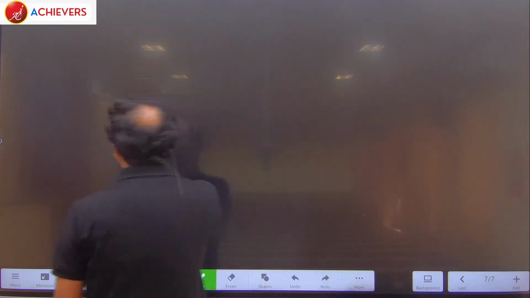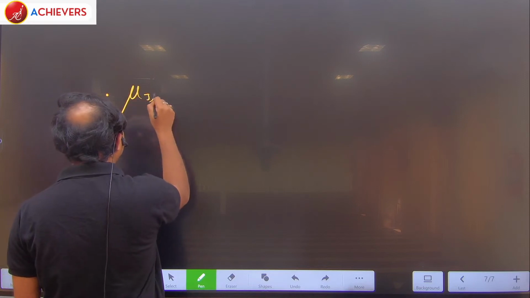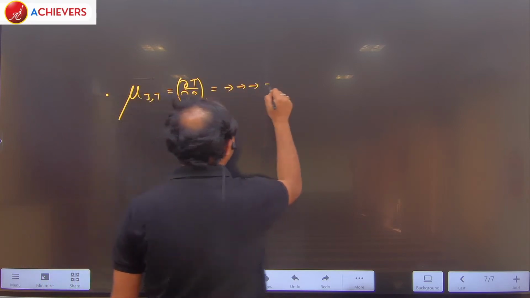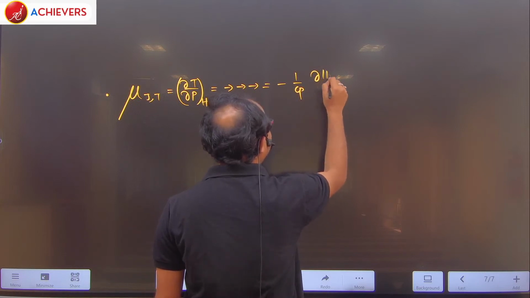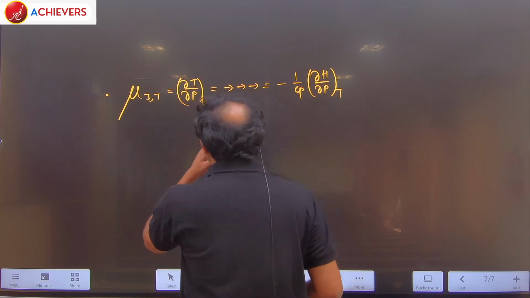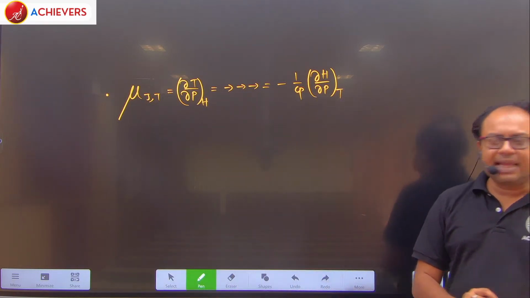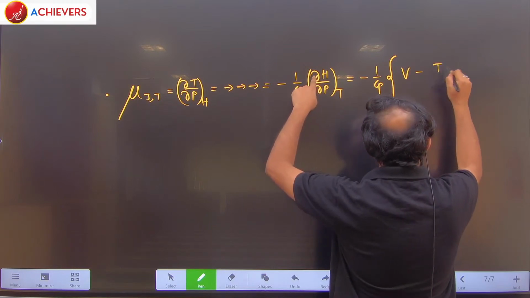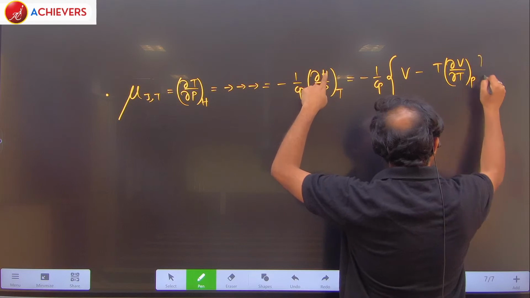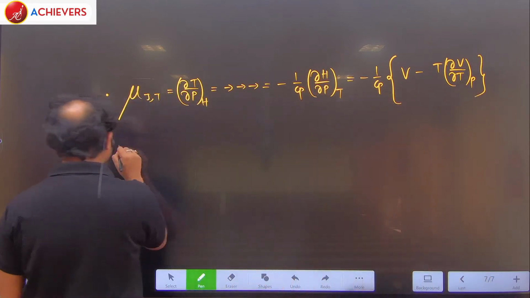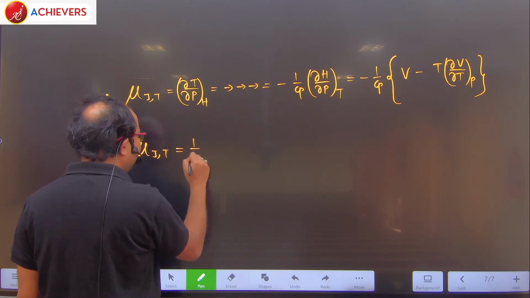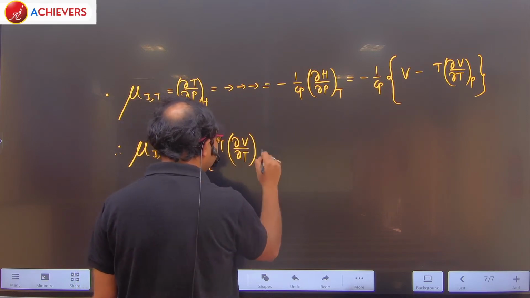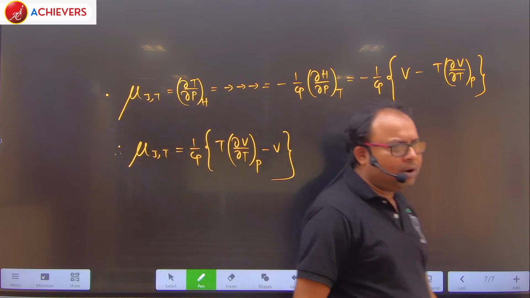Next. We have mu jt equal to del T del P at constant enthalpy, and then it turns out to be minus 1 by Cp del H del P at constant T. Now from the second equation of state, one can replace del H del P at constant T by V minus T multiplied by del V del T at constant P. That makes mu jt equal to 1 by Cp whole multiplied by T multiplied by del V del T at constant P minus V. So this is one more important equation.